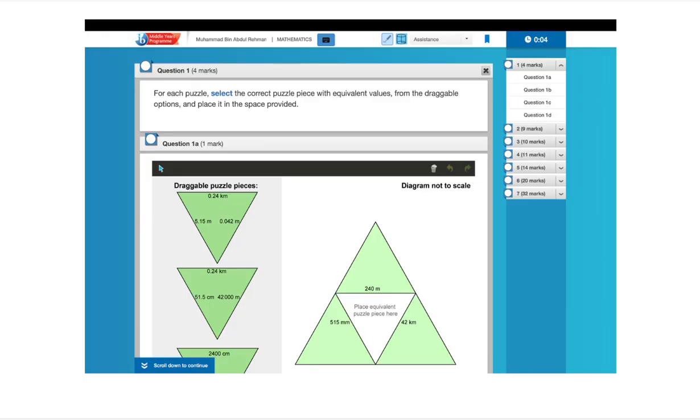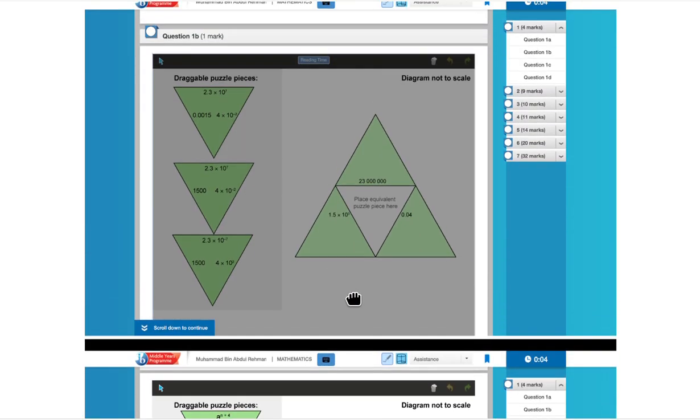So 240 divided by 1,000 becomes 0.24. So both of the options are valid. And if you want to convert meters into centimeters, we have to multiply 240 by 100. So that gives us 24,000, right? So all three of the options seem correct as of yet.